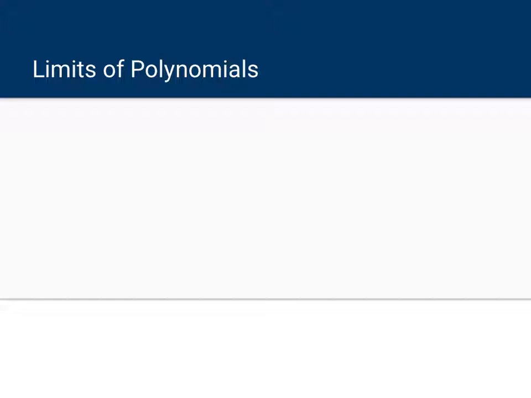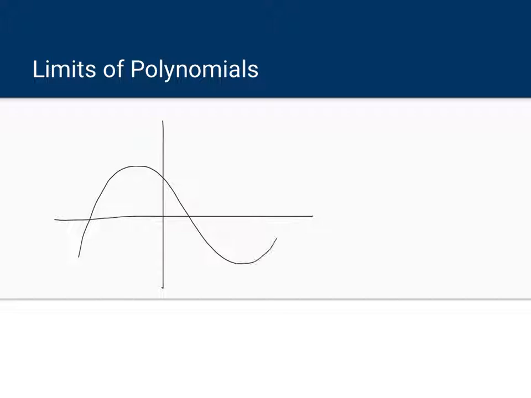Polynomials have the nice characteristic that when you draw their graphs, nothing strange happens to the curve. As we go along, we can put our pencil on one end of the picture and we can keep on drawing until we get to the other end of the picture. We don't have to jump over any holes in the curve.